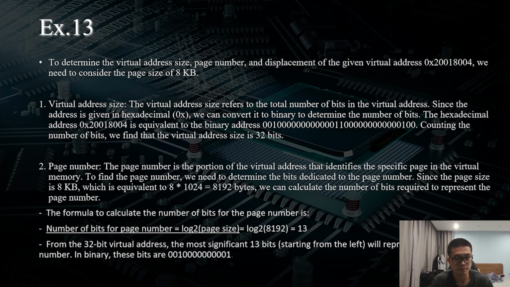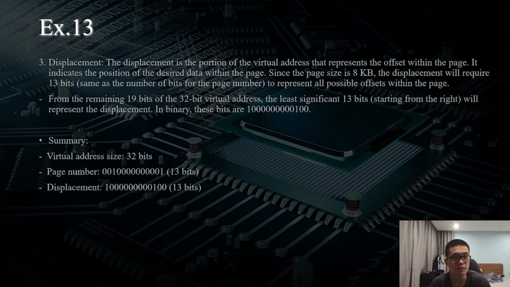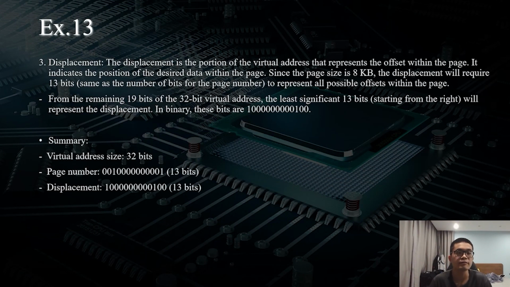The formula is the number of bits for page number equals log 2 of page size and equals 13. From the 32-bit virtual address, the most significant 13 bits starting from the left will represent the page number. In the binary, these bits are 001, 001.